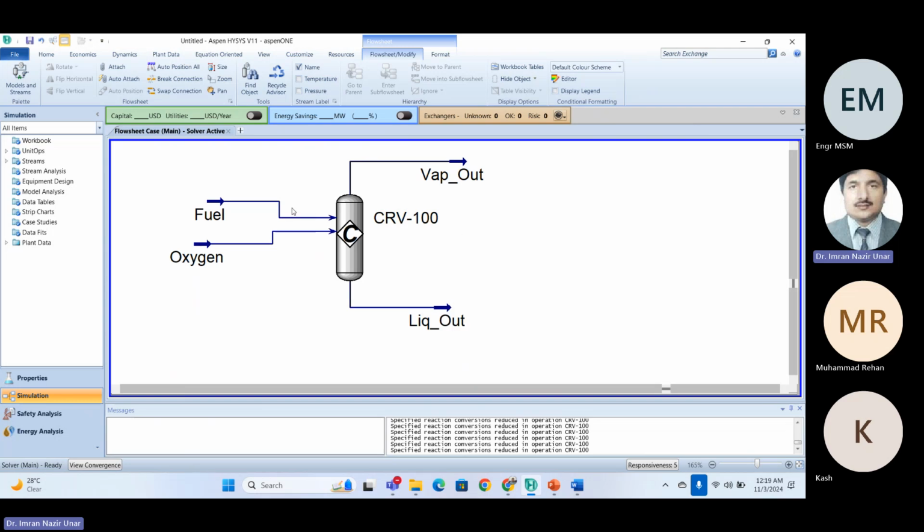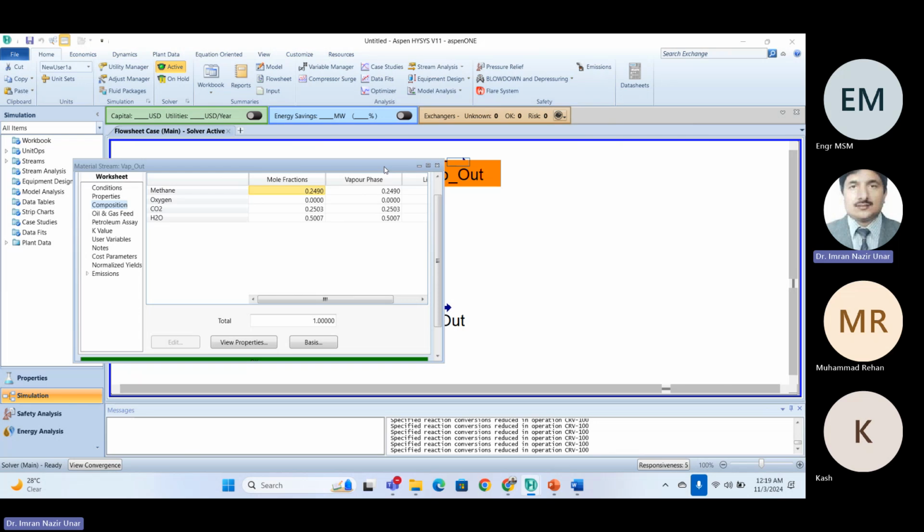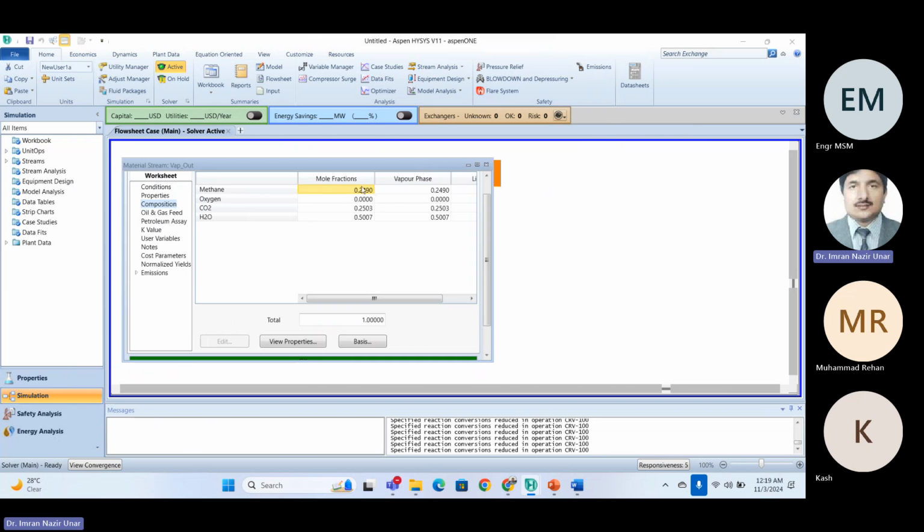So whatever the product is, it is in a vapor stream. Now we double click this vapor stream and go to composition. We see methane is still there, 24.9%. Though we gave 100% conversion, methane is still there and we got CO2 and H2O.